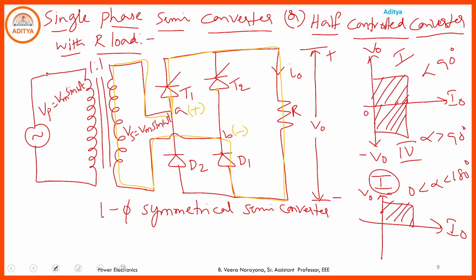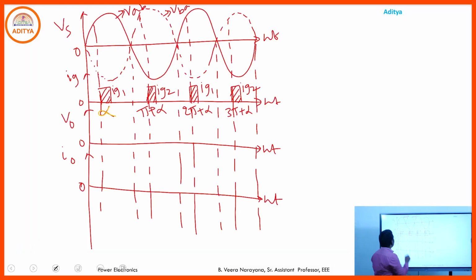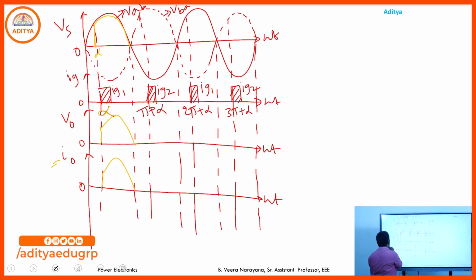Corresponding to that, VAB is available across the load. So the output voltage simply follows the VAB curve from alpha to pi.